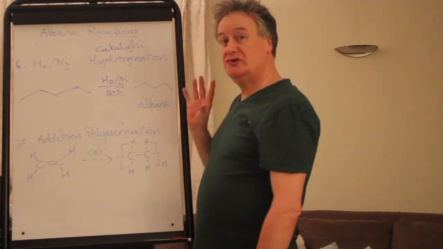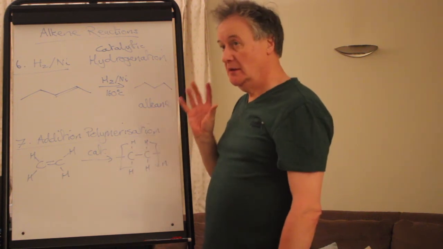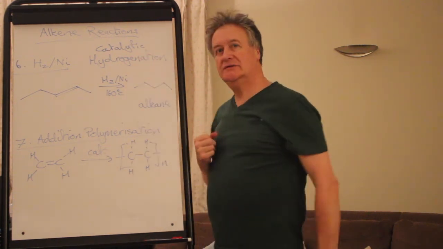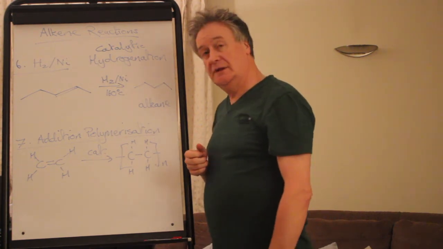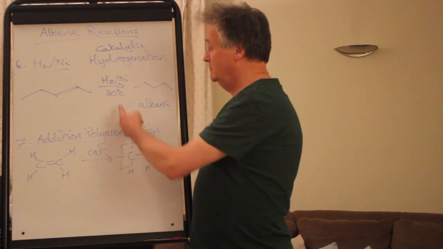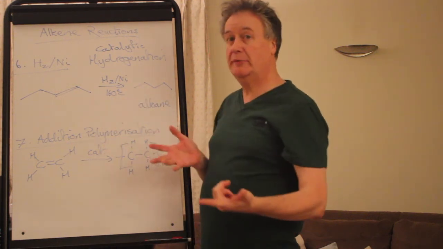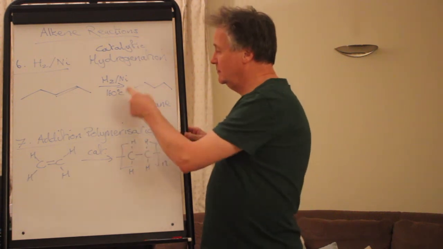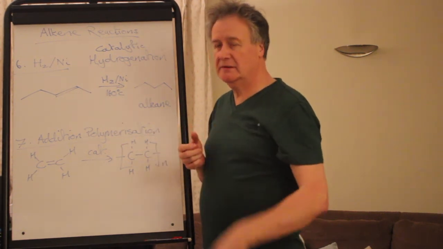Okay, last two reactions, not electrophilic addition. This one here, catalytic hydrogenation. Quite simply, take an alkene, hydrogen, an appropriate catalyst, in most textbooks it's nickel, technically it could be some other things as well. Temperature varies depending on which book you're looking at.